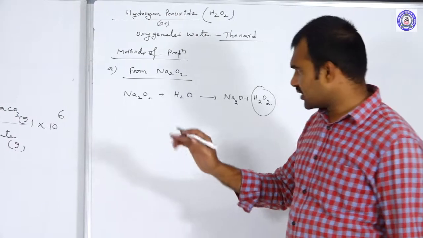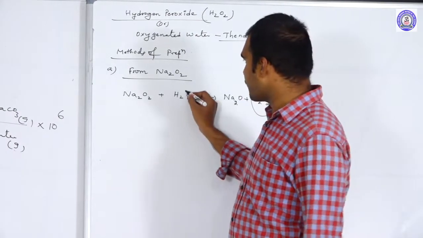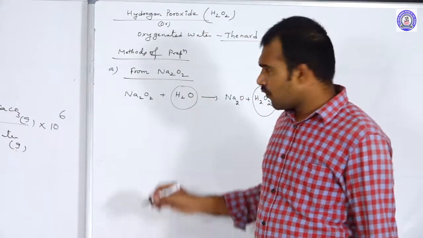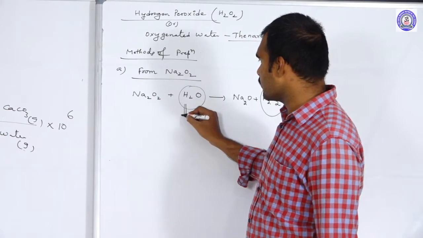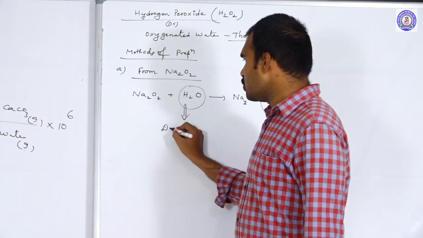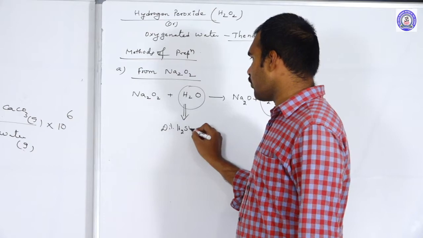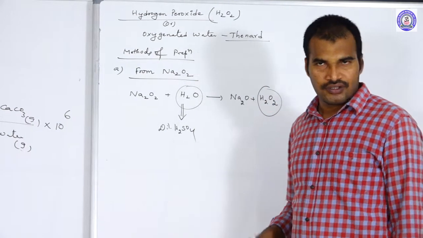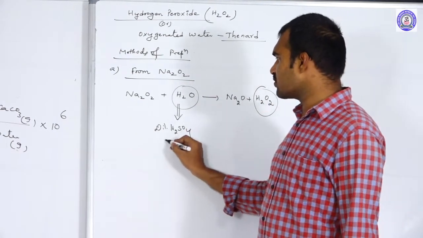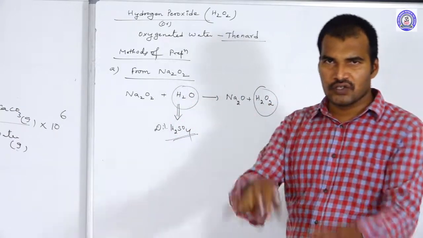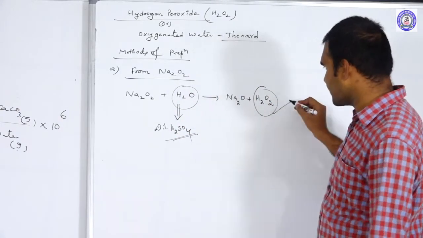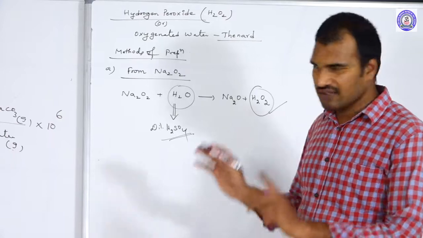This is the first method. Remember that in place of H2O, we can also use dilute H2SO4. Even if we use dilute H2SO4, we get H2O2 only. So this is the first method.